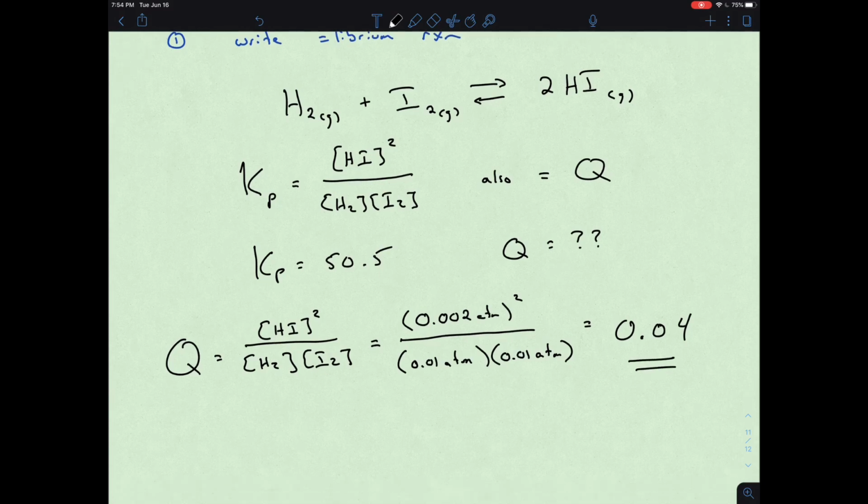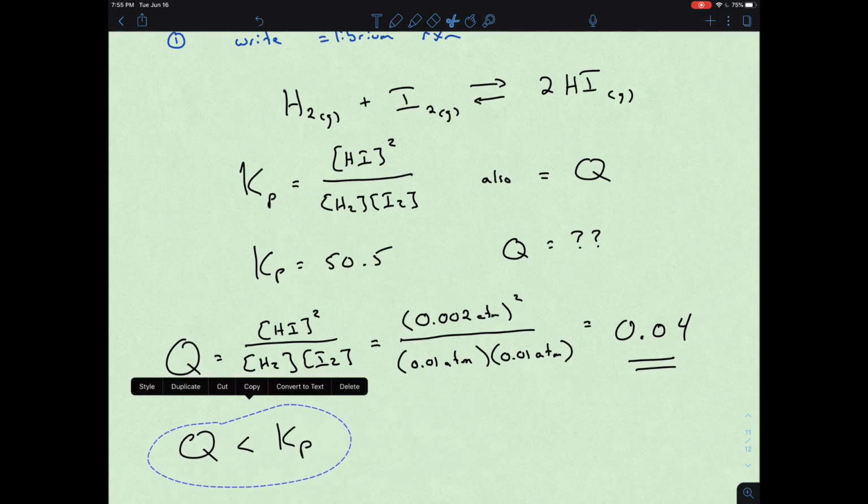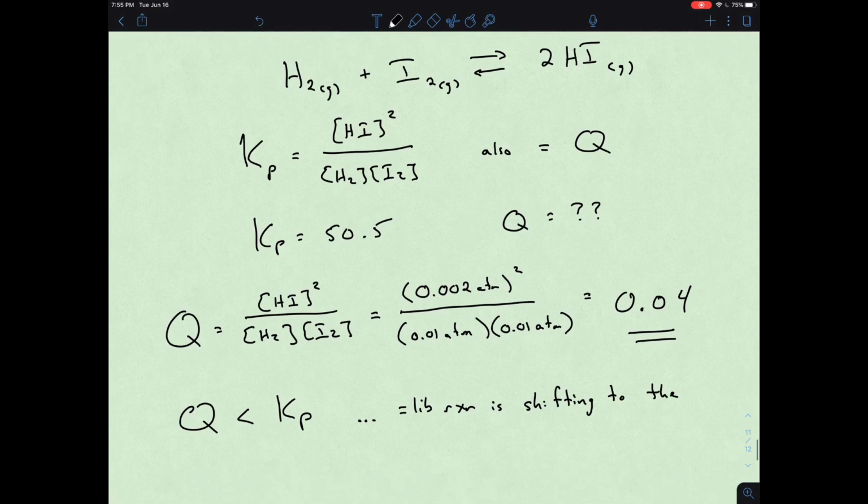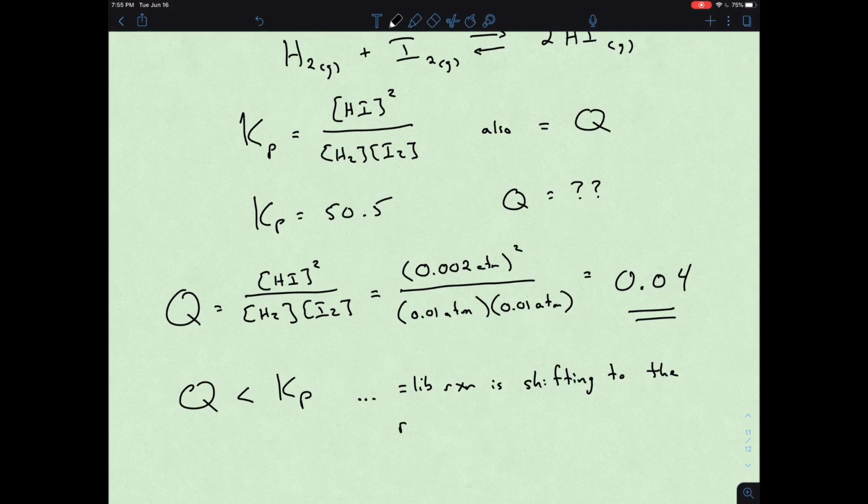So if we look at that, we see that Q is less than Kp, right? That means that the equilibrium reaction is shifting to the right or towards product.